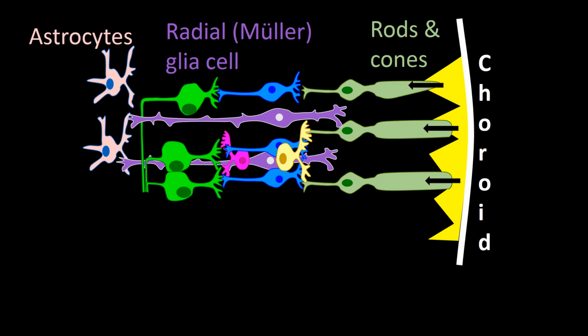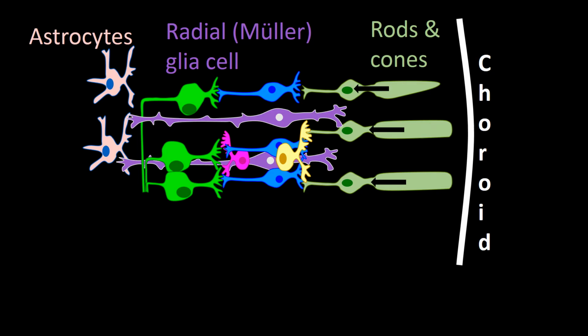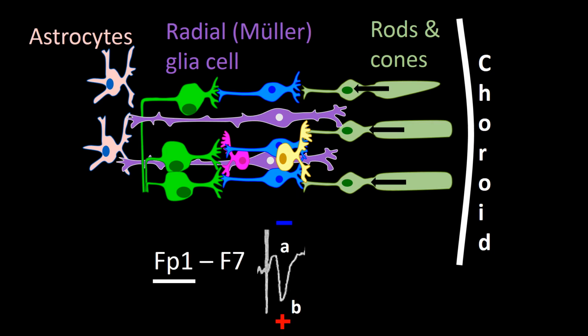This electrical discharge travels through cones and rods, and in its path towards the ganglion cells produces a recordable wave which is usually obtained or seen at any frontal derivation, in this case represented by FP1 and F7.